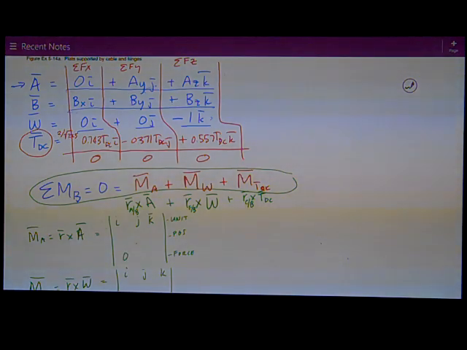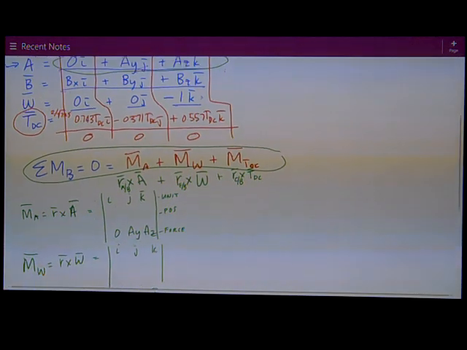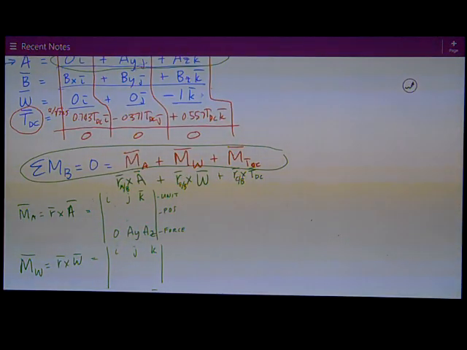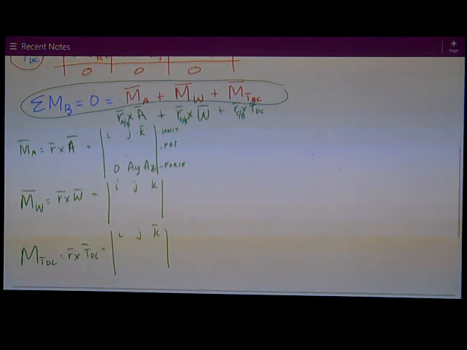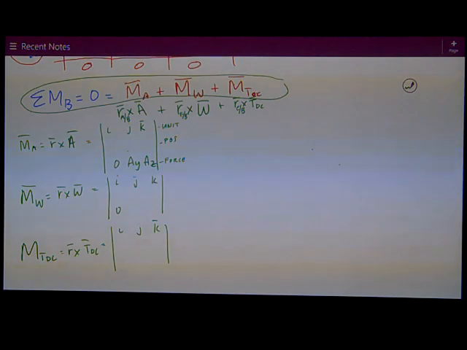I've got 0, AY, and AZ from this line up here. Then I've got the weight, which is this line right here from my Cartesian forces. I've got 0 on the bottom, 0, and -1.